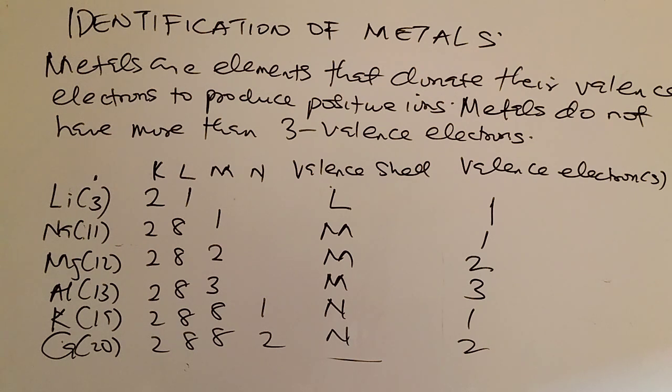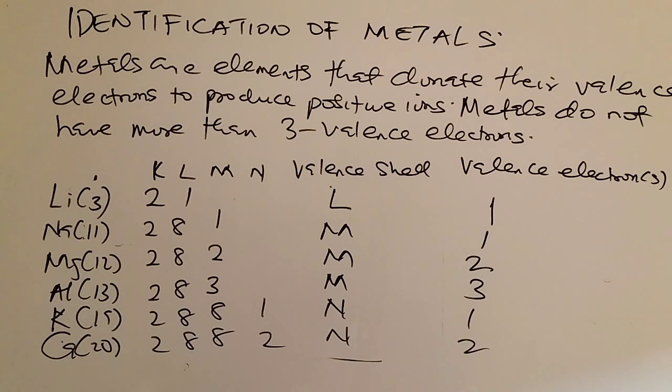Metals are elements that donate their valence electrons to produce positive ions. That is why metals are called electron donors, or electropositive elements. Second, metals do not have more than 3 valence electrons. This is one of the ways to know that an element is a metal.